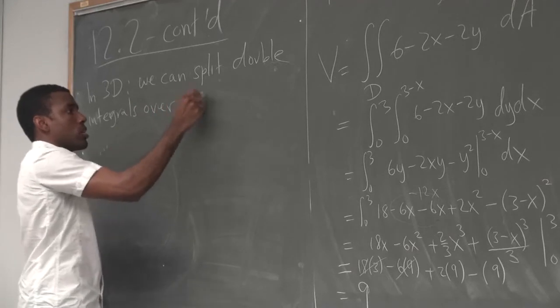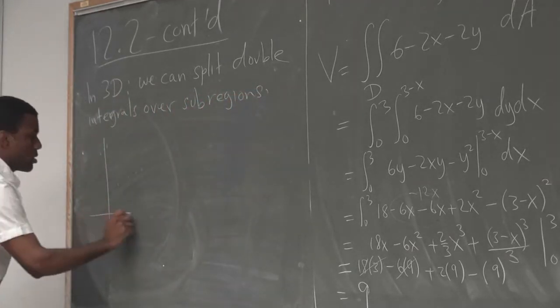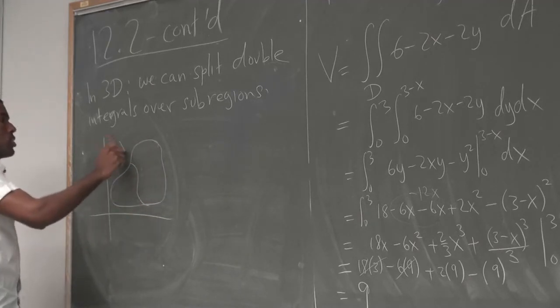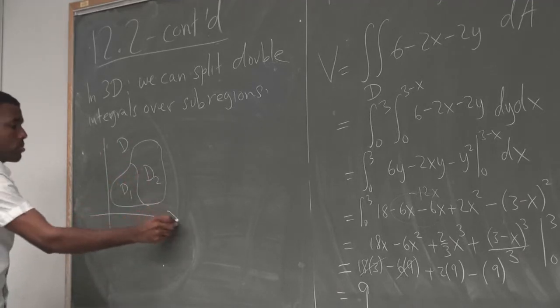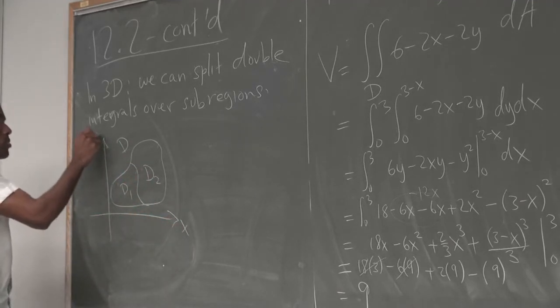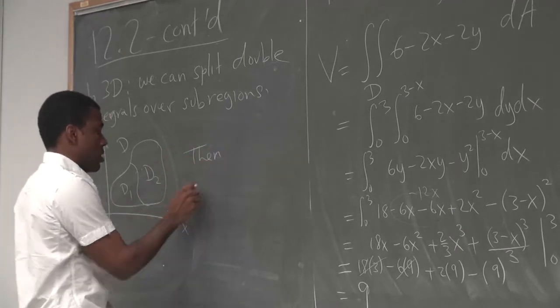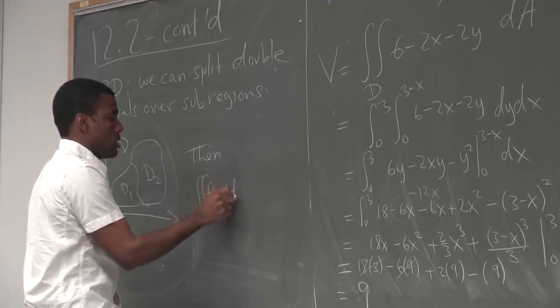Double integrals. Reverse of regions. So within the xy plane, you have a region which you call D, or you can split into D1 and D2. Take the double integral over D of f of x, y, dA.